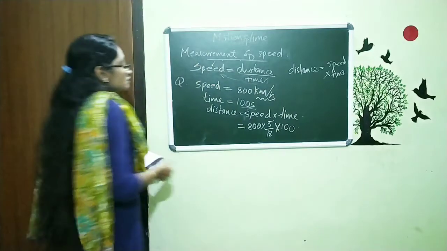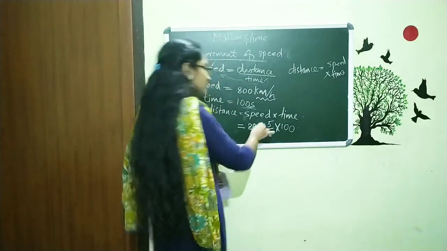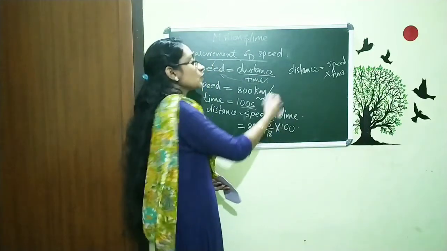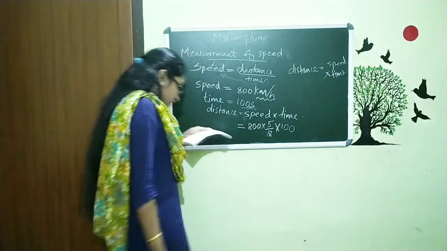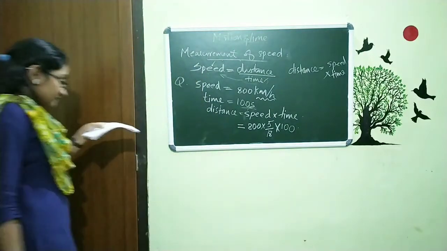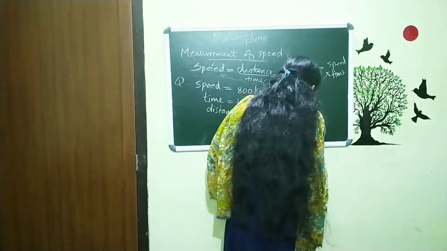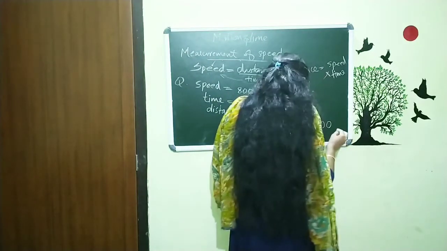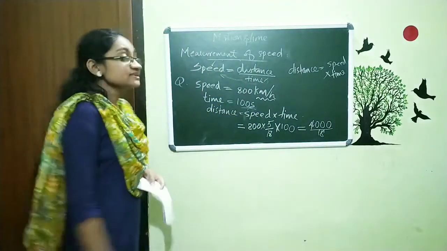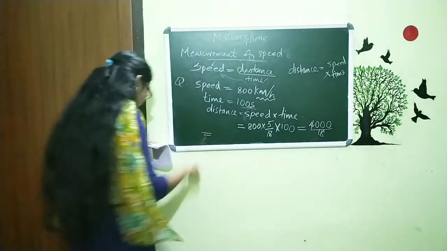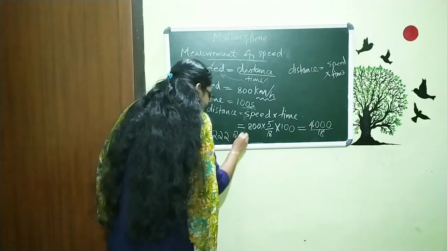So we multiply 800 into 5 into 100, whole divided by 18. When we multiply, we get 4000 by 18, and when we find the answer, we get 222.2.